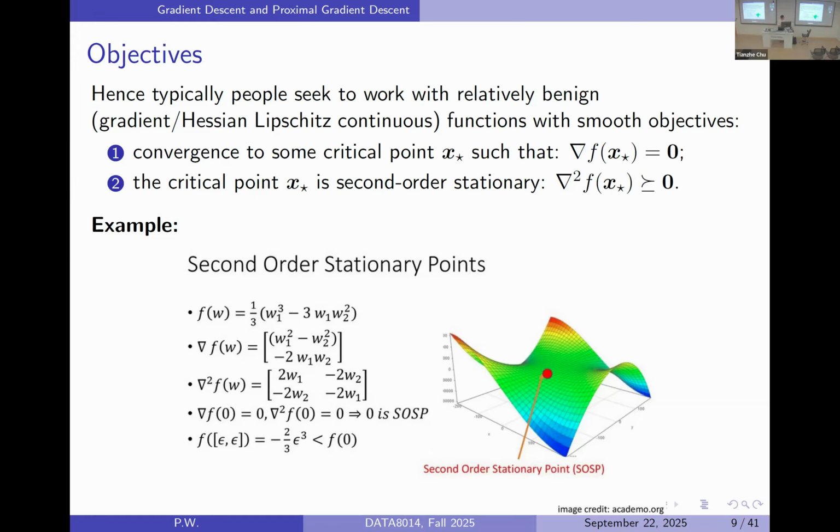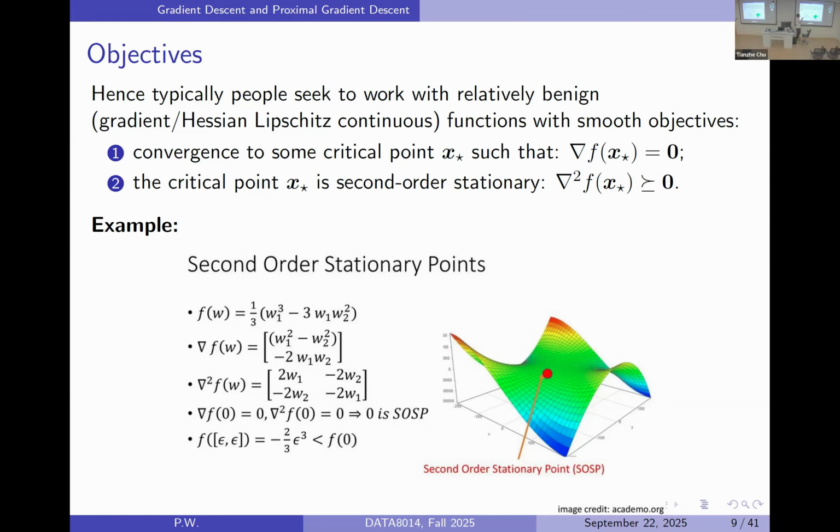Okay, and here we consider a very concrete example as follows. We consider this function f(w), where w is a vector with two components, w1 and w2. First we compute the gradient, the partial derivative with respect to w1 and with respect to w2. Take the gradient to be 0, then we can compute the critical point. And then we use the second order condition to verify whether this point is a second order stationary point.